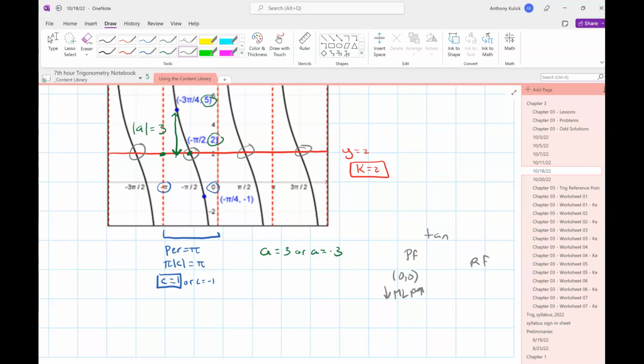I can pick any one I want, but come on, I'm going to use the one that's labeled for me. I notice here, though, that this midline point is pointing up, and then pointing down. And notice those are opposite kinds of midline points. That tells me that the value for a should be negative.